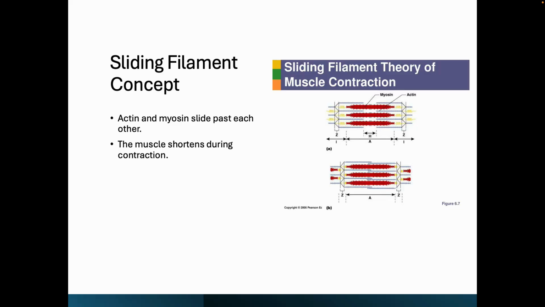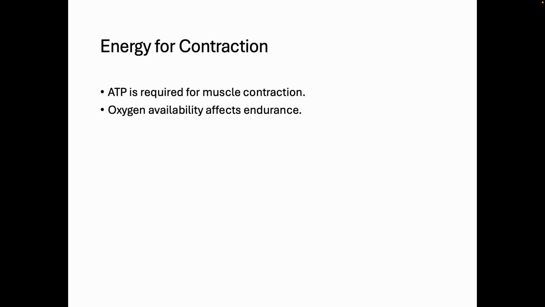What happens, quickly in a nutshell, is they slide over each other to create a shortened state, or a contracted state, right? And also you need ATP, it's not on here, to create a contraction. Oh, it's right here. ATP is required for muscle contraction. I thought I was being a know-it-all just now, but I'm not.